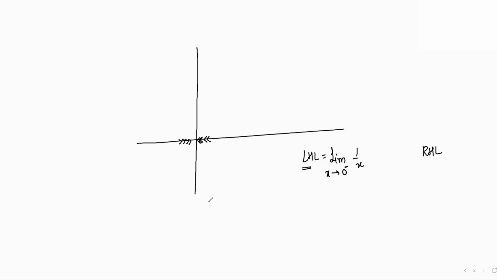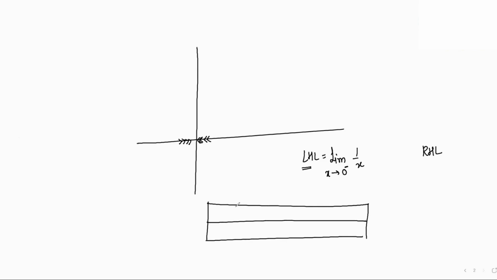So I want to know the behavior of this function. I take values close to 0 from its left side, basically negative numbers very close to 0. If I find the value of f of x at minus 0.1, we get minus 10.